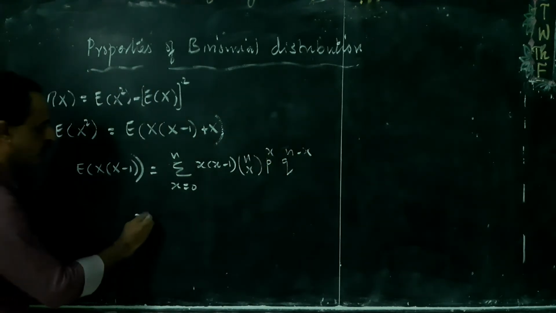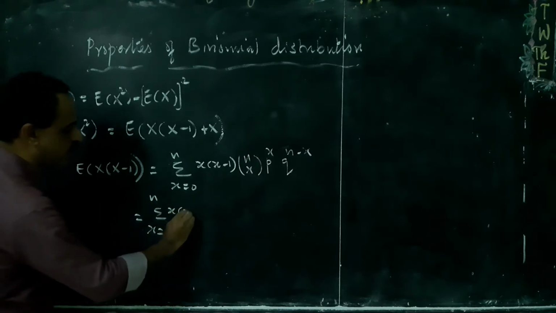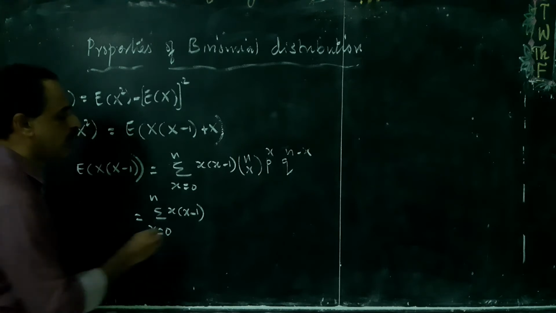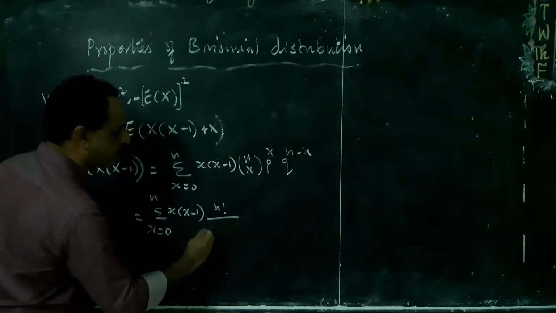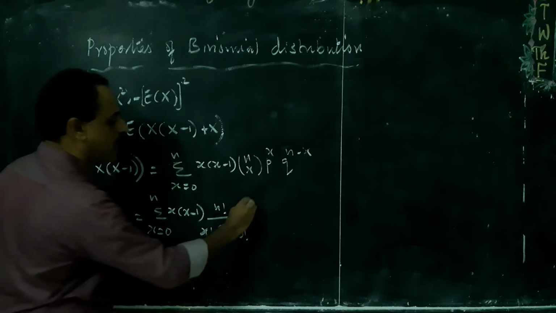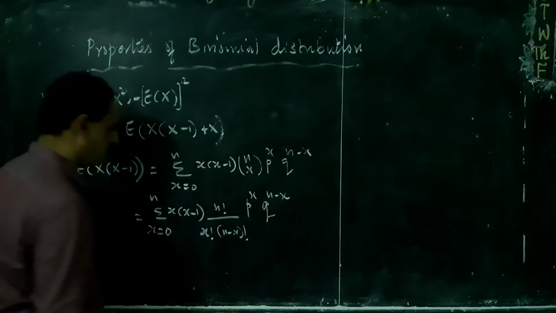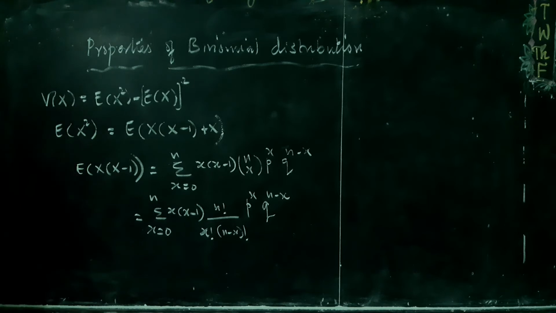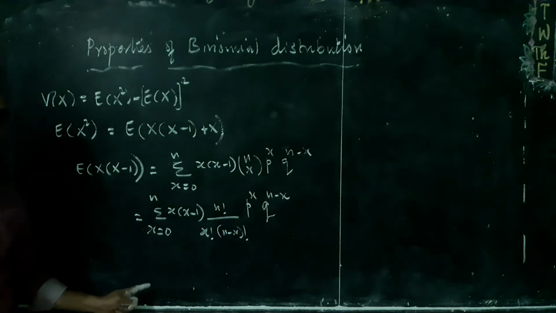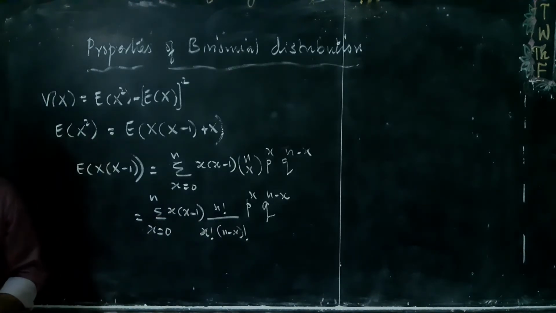Now that is equal to summation x equals 0 to n x into (x minus 1), now expressing nCx in factorials, it is n factorial by x factorial into (n minus x) factorial p raised to x q raised to n minus x. Here also we can omit the terms x equal to 0 and 1 because in summing, when x equal to 0 the entire summation becomes 0.